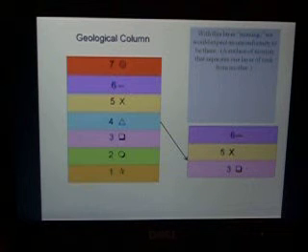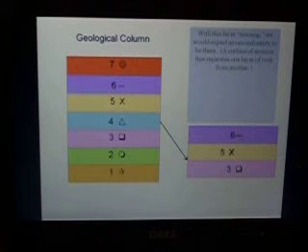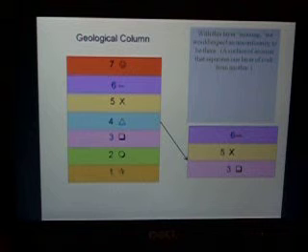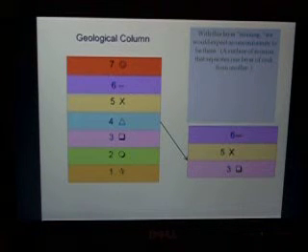Now, with this layer missing, we would expect an unconformity to be there, because layer 4 should have been laid down here and then eroded away, and you should see some signs of that erosion, that surface of erosion that would separate layer 3 and 5.